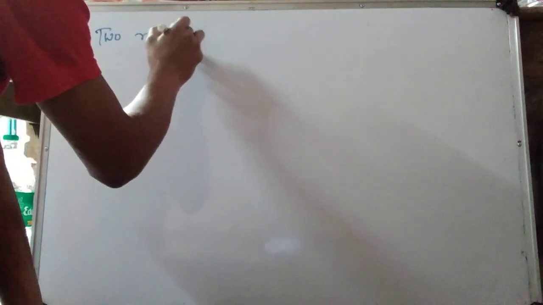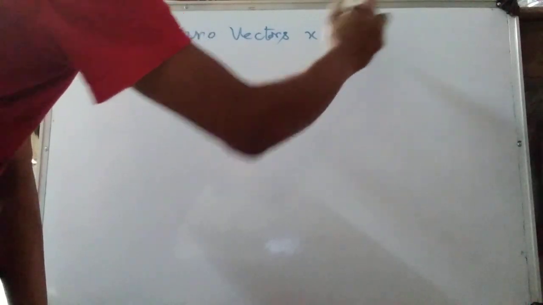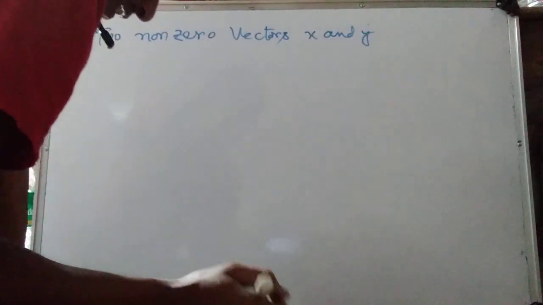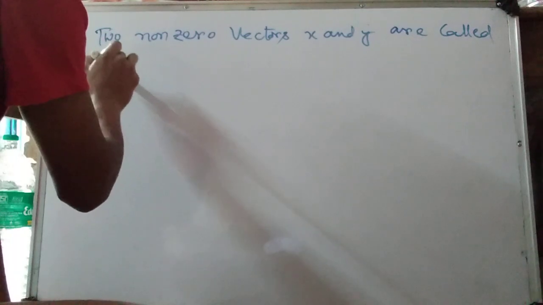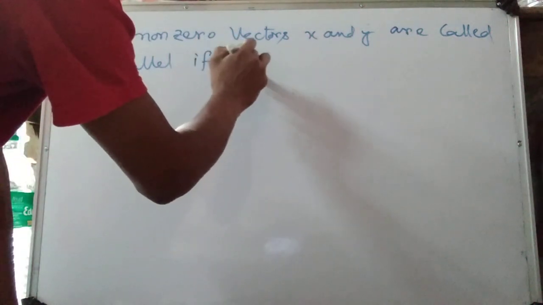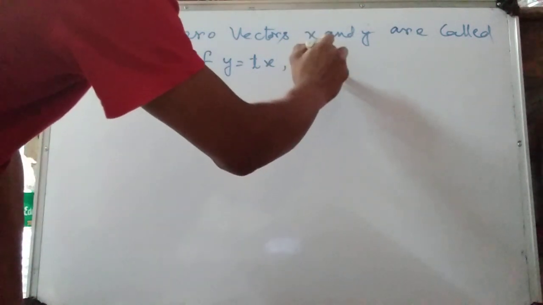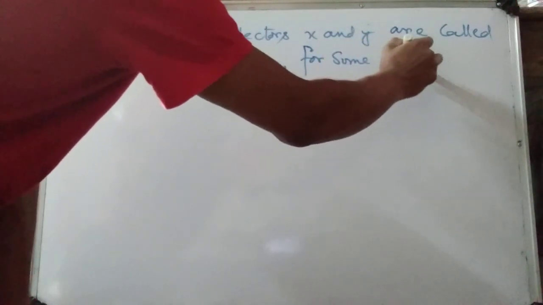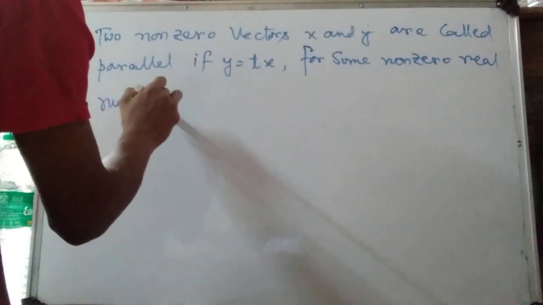In this way we write here: two non-zero vectors x and y are called parallel if y equals t times x for some non-zero real number t.